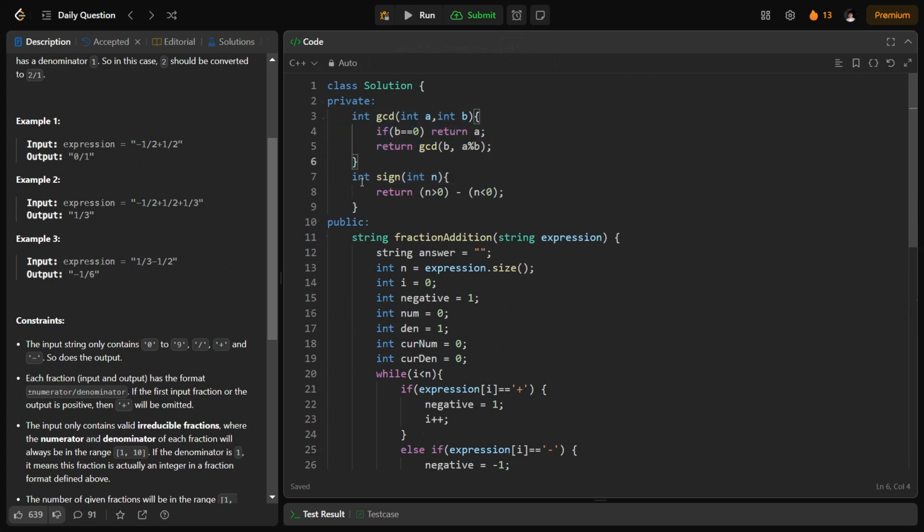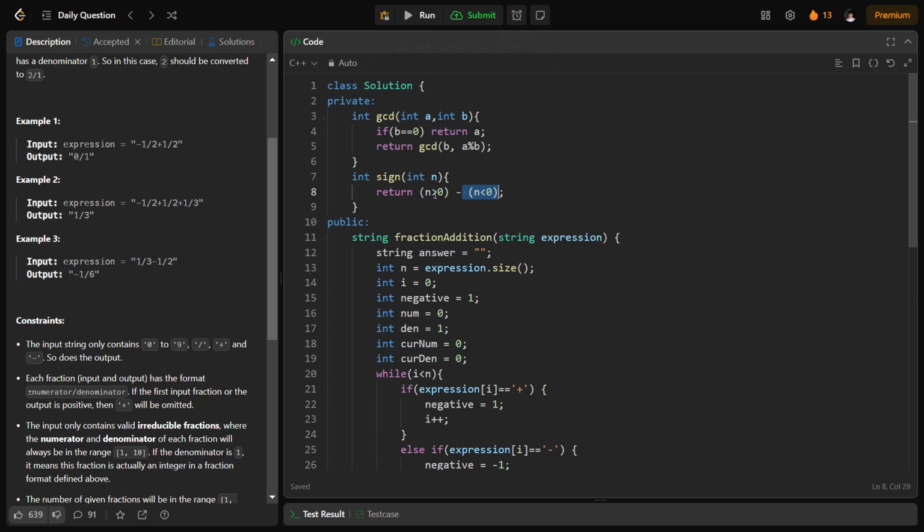Also, if you see the sign, how do I get the value of the sign? It is n greater than 0, minus n less than 0. So obviously, if n is equal to 0, either way, you get the point. So this is also working. What this is doing is, if n is greater than 0, this value is 1 and this value is 0, right? Because this is false.